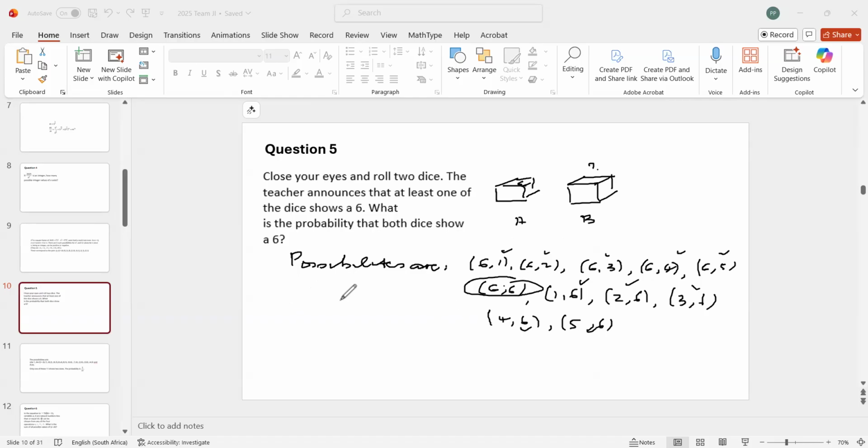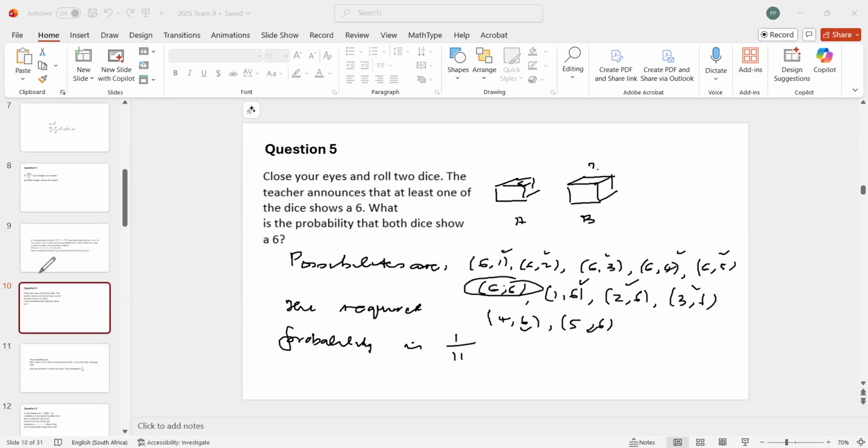And only one of them is a winner. Both show 6. So therefore the required probability is 1 in 11. That's only one of them is a success, and you got 11 possibilities altogether.